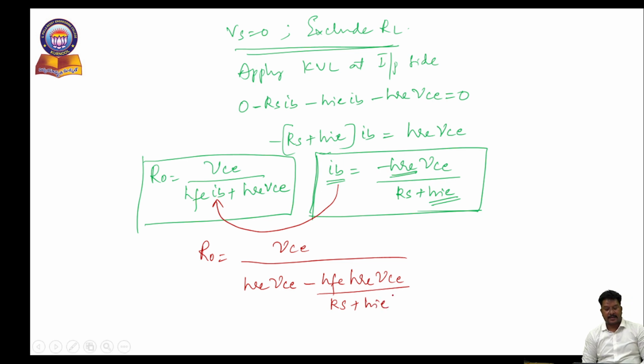This is the resultant equation of substituting I_B in R naught.